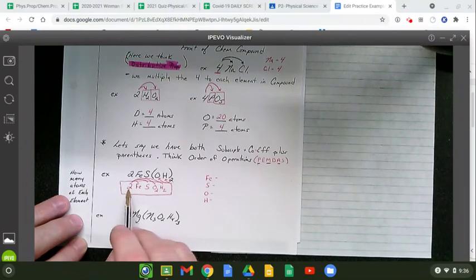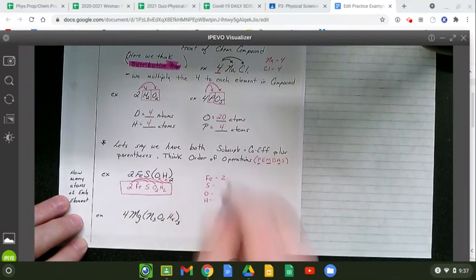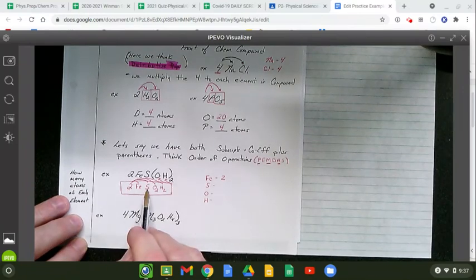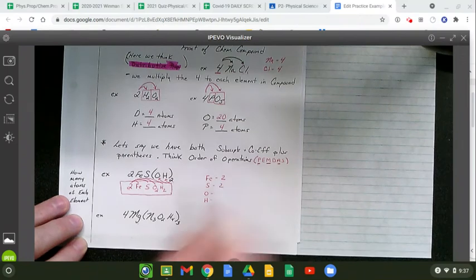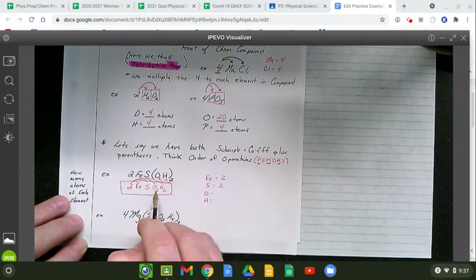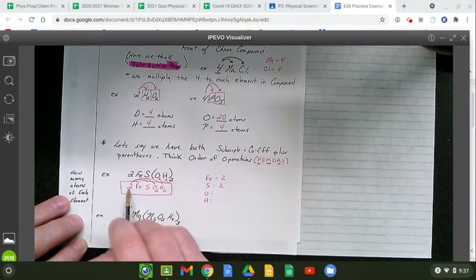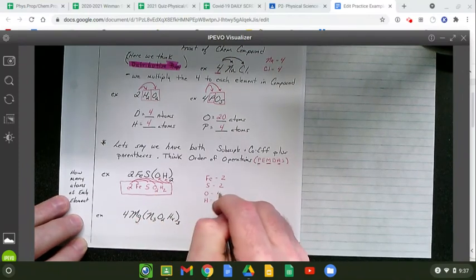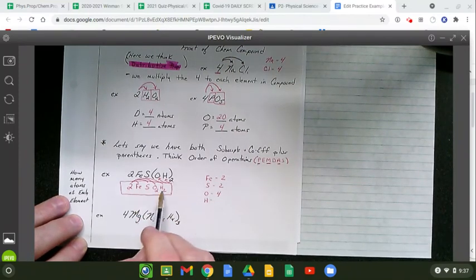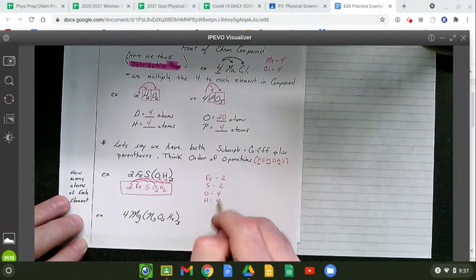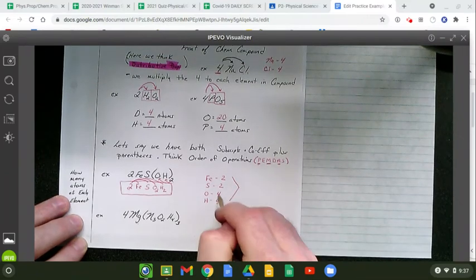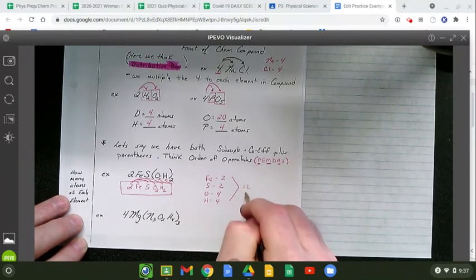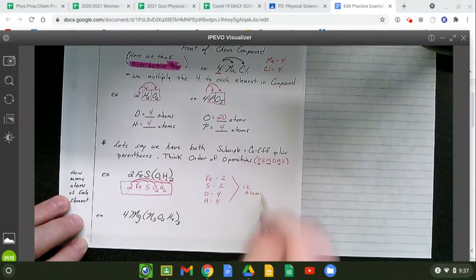So here I have 2 times the 1 iron. So 2 times 1 gives me 2 iron atoms. 2 times the 1 sulfur. 2 times 1 gives me 2 sulfur atoms. Now over here I have 2 oxygen, but 2 times 2 gives me 4 oxygen. And then 2 times the 2 hydrogen gives me 4. So we have a total of 12 atoms in this compound.